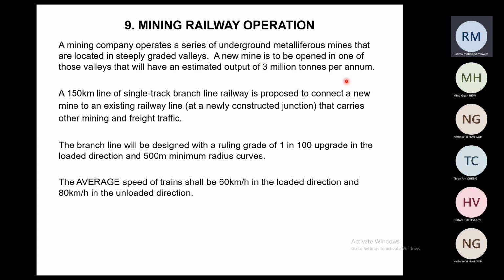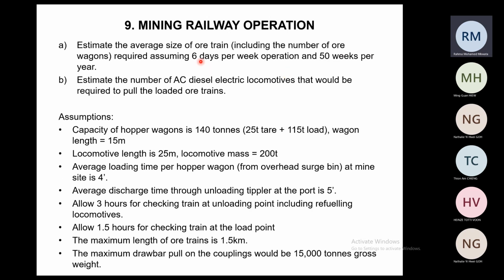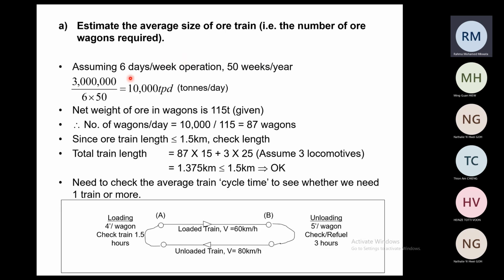This is the mining output, the amount of material that needs to be transported. And we know the operation is 6 days per week and 50 weeks per year. So based on that, we can calculate how many tons will be produced per day. If you divide the 3 million output, working 6 days per week and 50 weeks per year, we get 10,000.